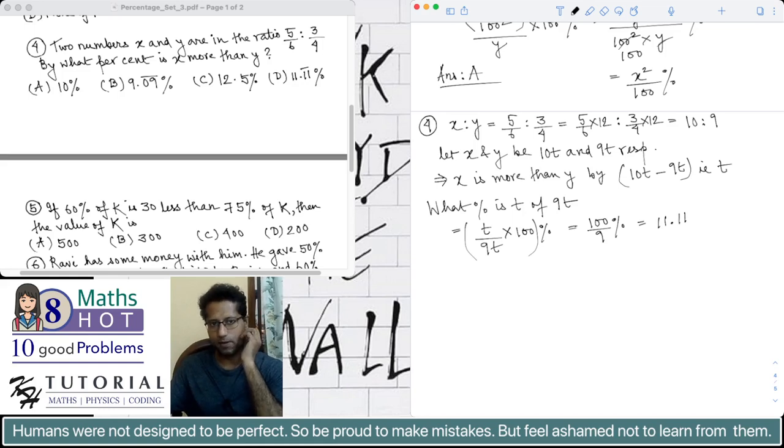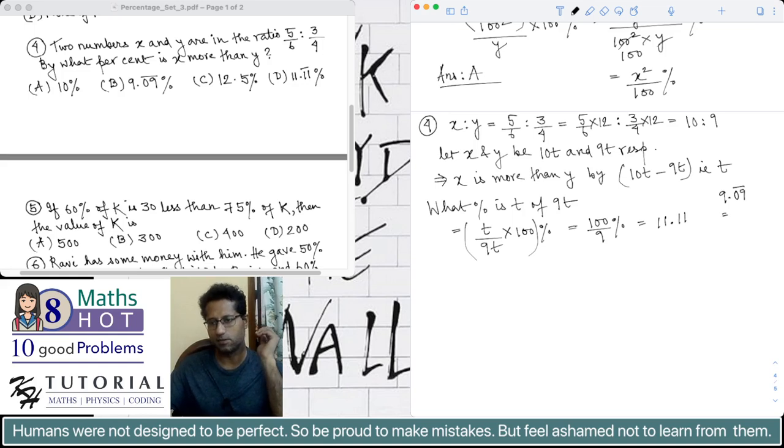Now you might be wondering about some choices, like choice B, which has a bar. What does this mean? That is 9.09 with a bar on top of 0 and 9. I don't know whether you have studied non-terminating recurring decimal numbers. 9.09 with the bar is a non-terminating recurring decimal.